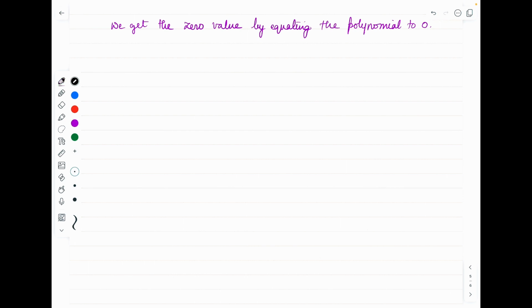But if I write the equation again, p of x equals x minus 1, and now I want to find the zero of the polynomial, how will I do it? We know that when the value of the polynomial becomes 0, that value of x is the zero of the polynomial.